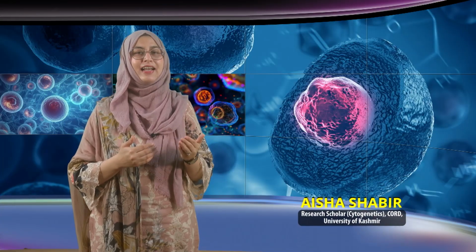Innate immunity provides rapid, non-specific defense via barriers, phagocytes and soluble mediators, while the adaptive immunity mounts slower, highly specific responses through T and B lymphocytes, producing immunological memory. Their coordinated action ensures immediate protection and long-lasting defense against diverse pathogens.